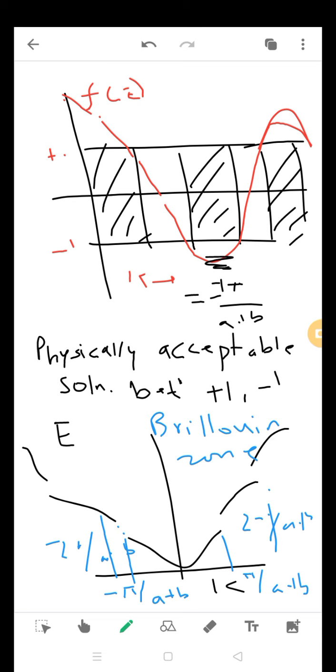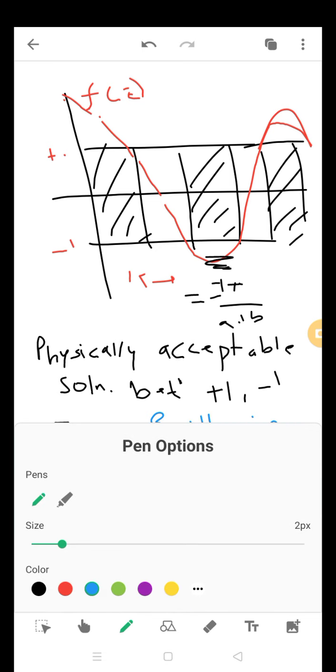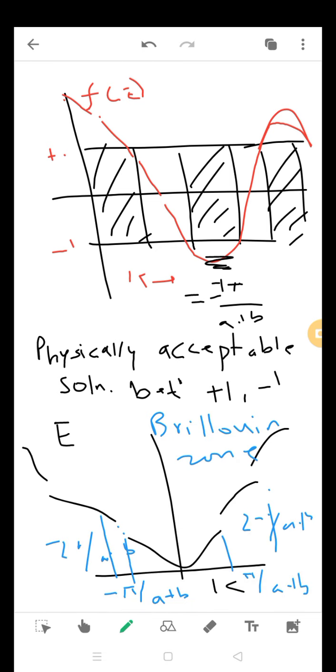So this width actually increases as we increase the value of k, and if we consider a continuous case and draw a map at different points, this corresponds to the usual bulk value formula, h cross squared k squared by 2m is equal to E.